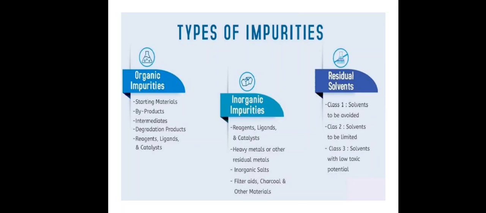Class 1 solvents are to be avoided because they are highly toxic in nature. Class 2 solvents are used in a small limited amount because they are moderately toxic in nature. And class 3 solvents are less toxic in nature, so we can prefer class 3 solvents.